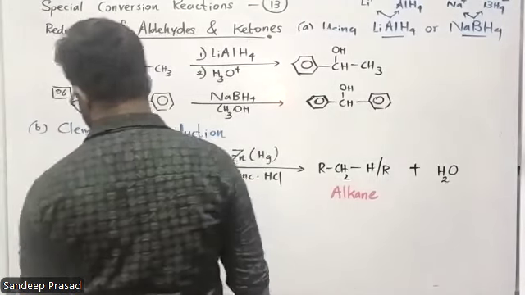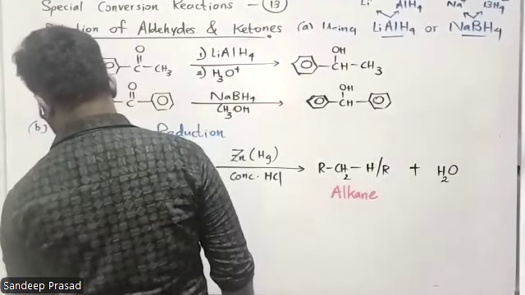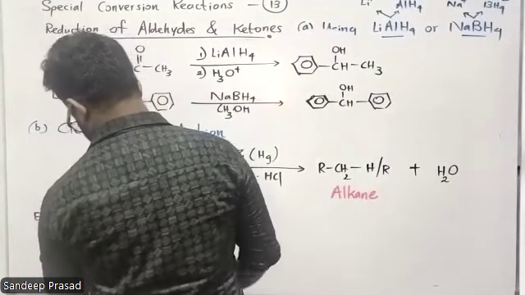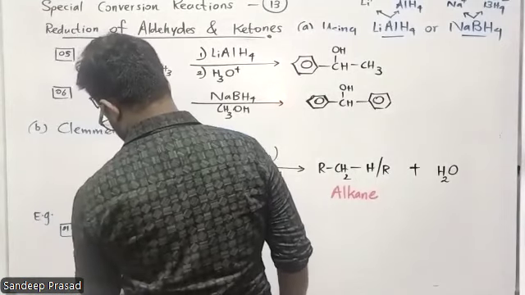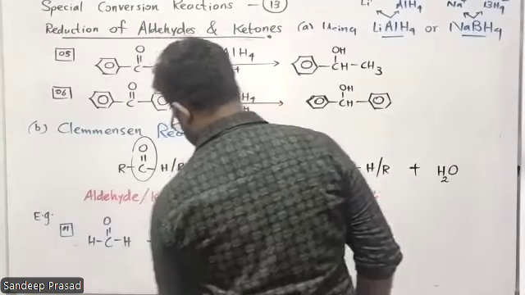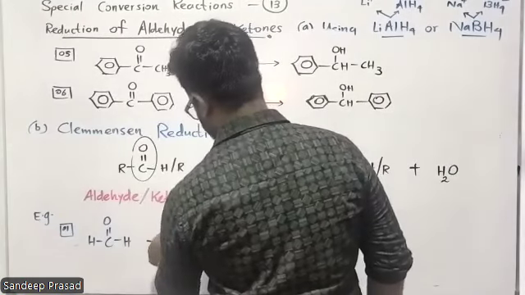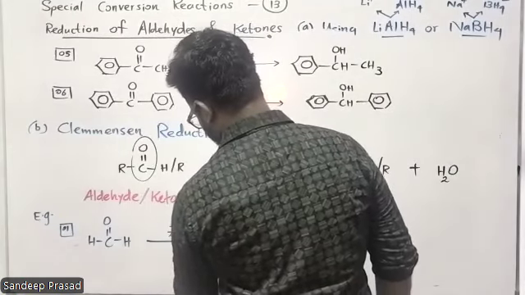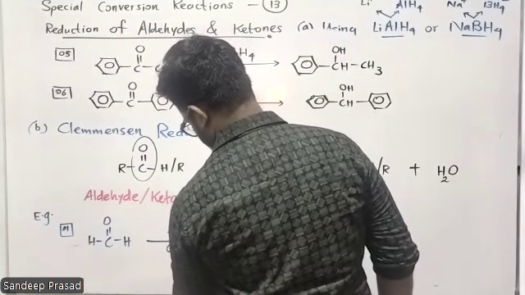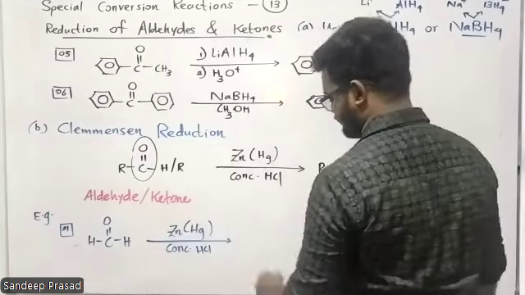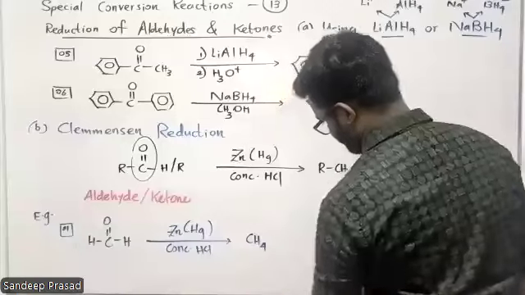Example: we have methanal, zinc mercury amalgam, concentrated HCl is added, producing CH4.